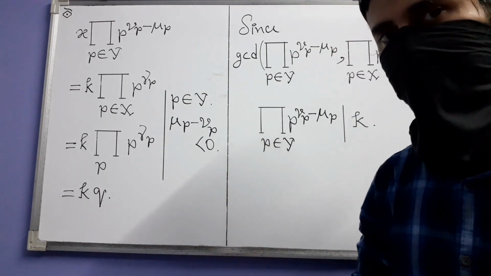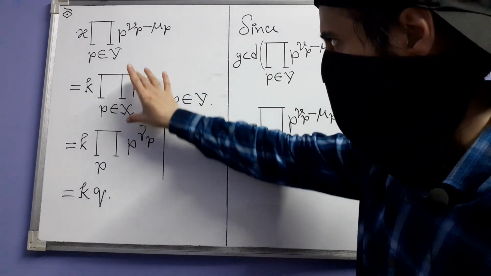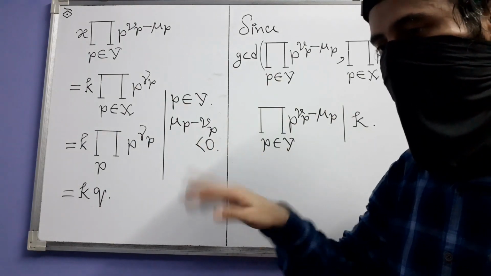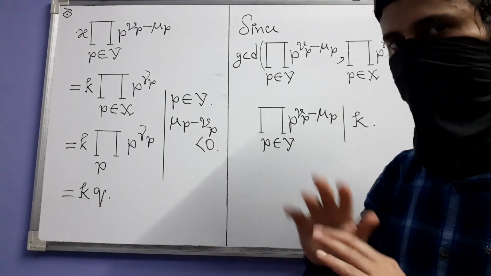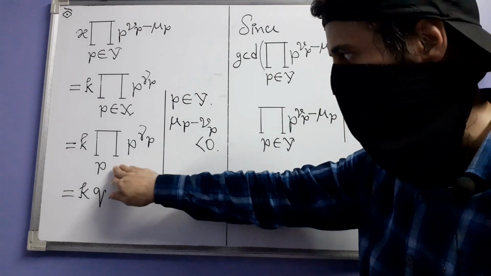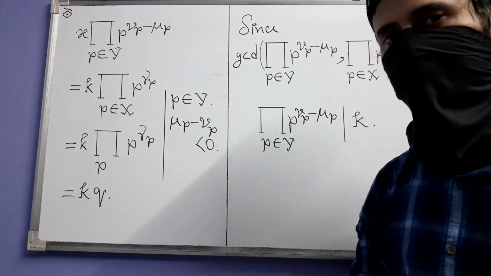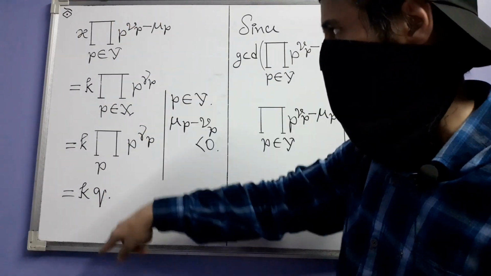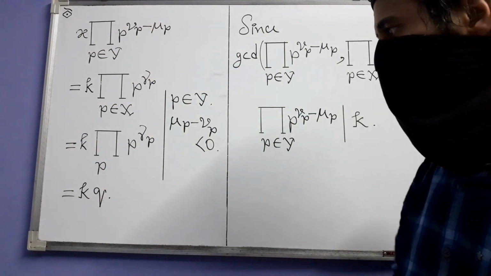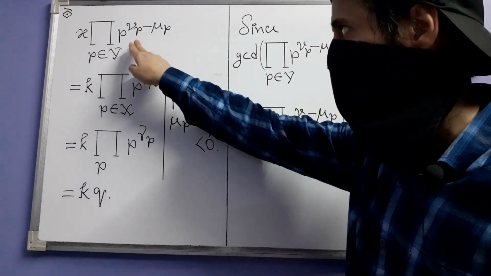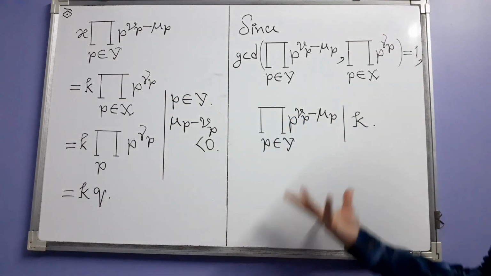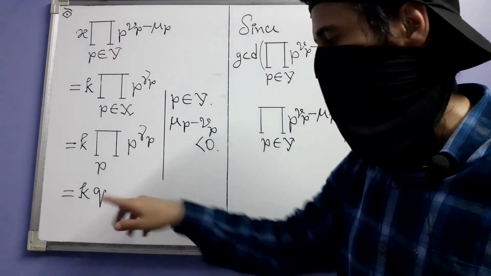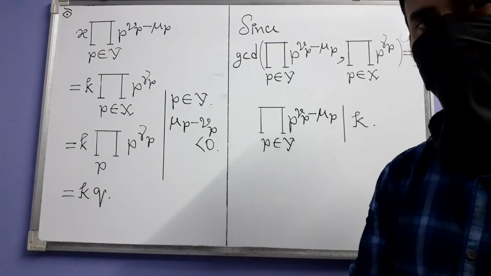So what does that mean? Actually this other part which this product is not touching in this division, the product is not affecting this thing, and that is q. So if I now divide both sides of this equation by this product, then k divided by this will be an integer because of this divisibility, or in other words, x will be a multiple of q.